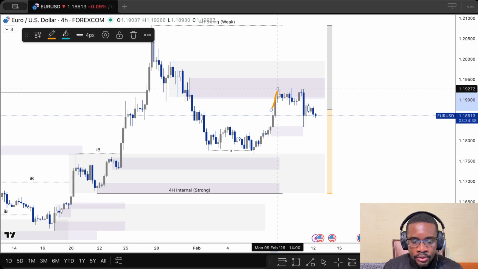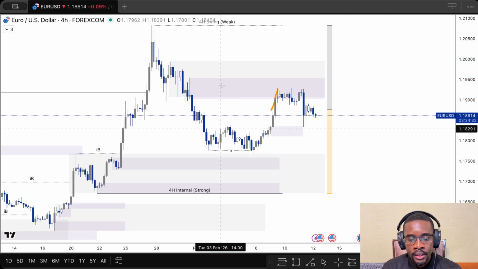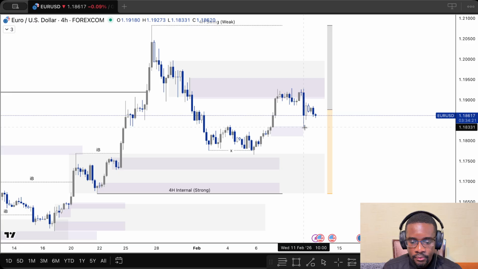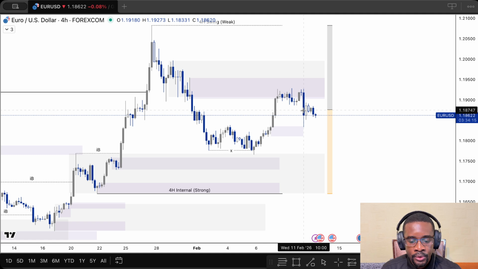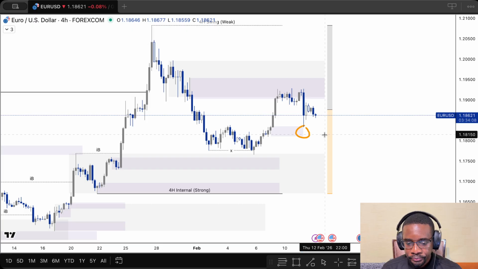price mitigated this 4-hour supply that is nested in this daily supply, and we've had a strong push down and then a reaction. Obviously this was due to NFP, and then we've had a reaction right there.